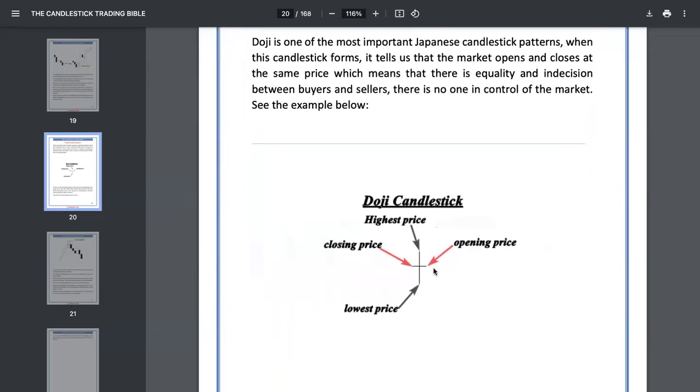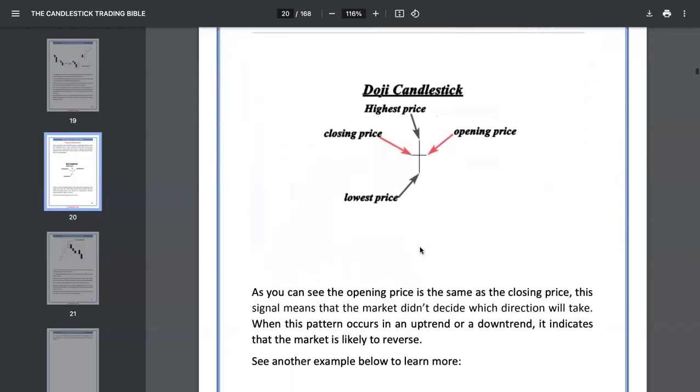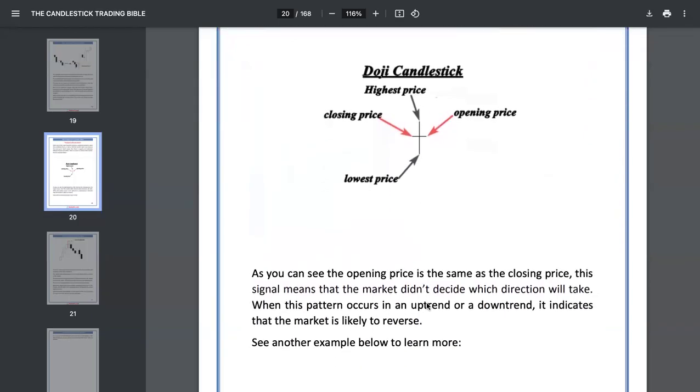So in this example below, you see how the open and the close price is essentially the same. And then you have your lower shadow, which is your lower price, and then your upper shadow, which is your higher price.